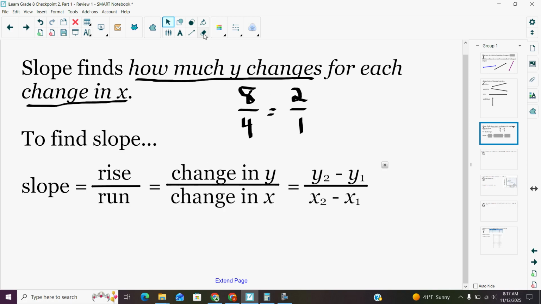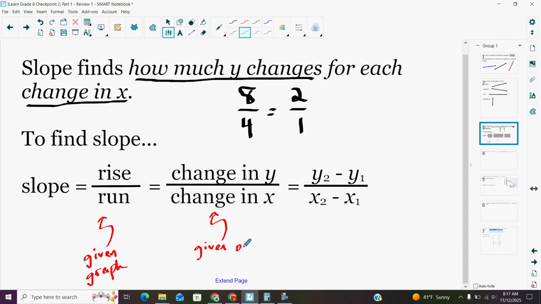When we use each of these ways, we use rise over run a lot of times if we are given a graph. A lot of times we'll think through change in y over change in x, the overall change in y divided by the overall change in x, if we're given overall changes.